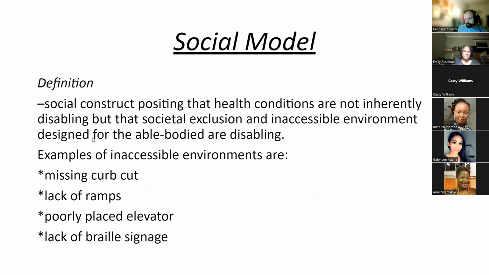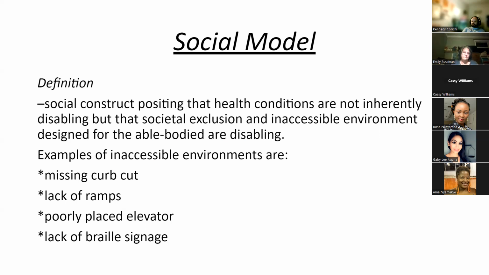Okay, the next one is the social model. The social model says it's not health conditions that are inherently disabling, but societal exclusion and inaccessible environments designed for the able-bodied. Examples of inaccessible environments are missing curbs, a lack of a ramp, a poorly placed elevator, a lack of rails.